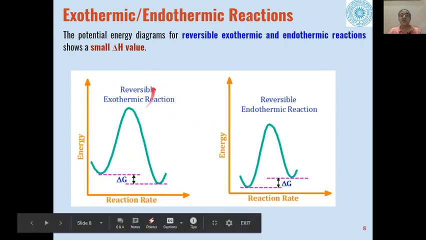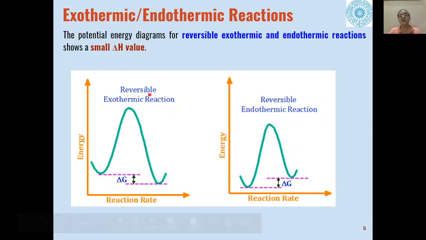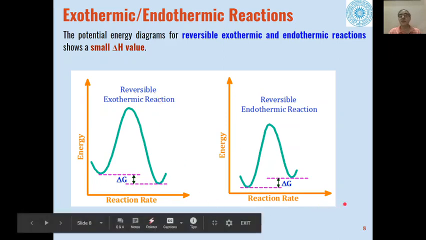Similarly, in reversible exothermic and reversible endothermic reactions, the difference between the energy of the reactants and products is small. So if it is smaller, then such exothermic or endothermic reactions are called reversible exothermic reactions or reversible endothermic reactions.